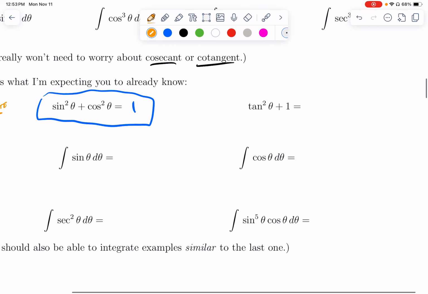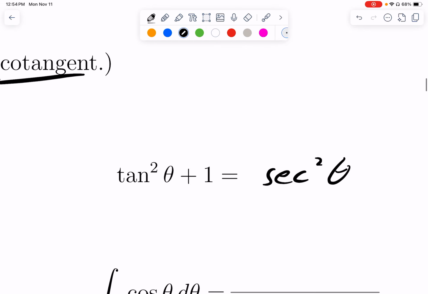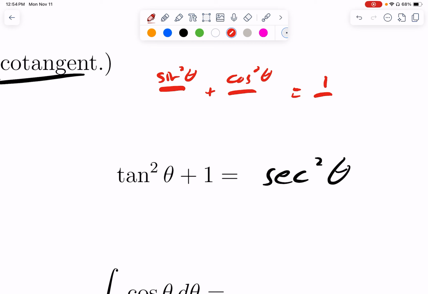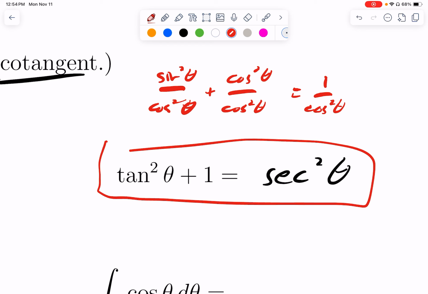And then this one, maybe you don't have memorized. I will tell you, tangent squared of theta plus 1 equals secant squared of theta. And what you can do, if you don't have this just plain memorized, basically you can take the identity we just talked about that hopefully you do know, and if you divide everything by cosine squared theta, you'll notice that's what we have here. Sine squared over cosine squared is tangent squared.